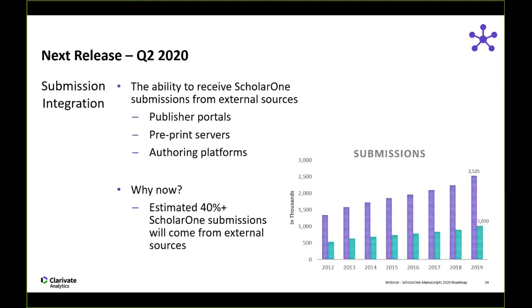So if you see on the bar graph, that's over 1 million submissions coming through. And so what we needed to do in this release is to build out infrastructure and technology to make sure that we can support and work with these submissions as seamlessly and as wonderfully as we do with the standard submissions. Next slide.